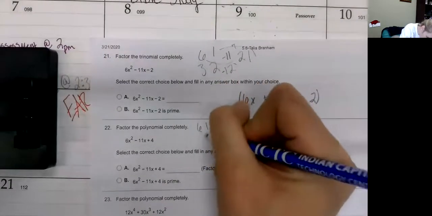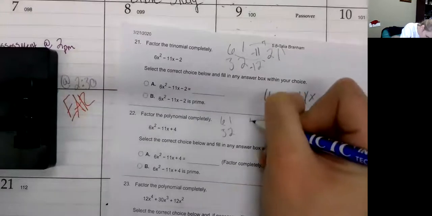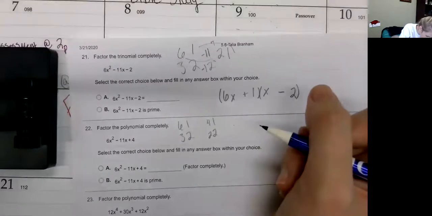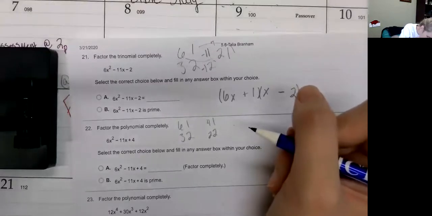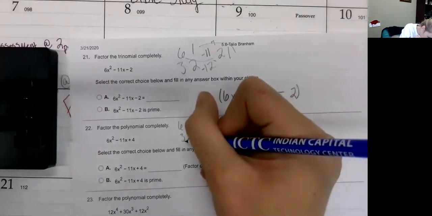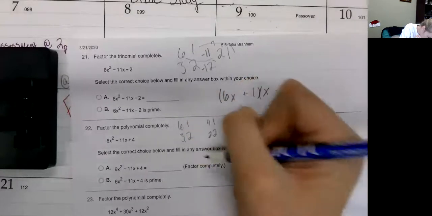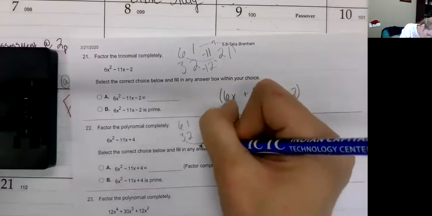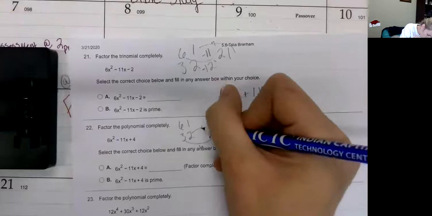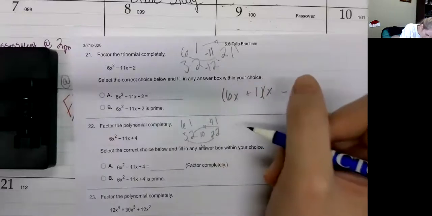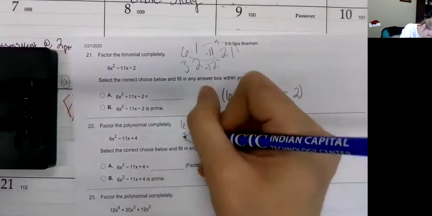So 6 and 1, 3 and 2, 4 and 1, and 2 and 2. And now I want to add to get 11. 3 times 2 is 6, 2 times 2 is 4, that would be 10. 6 times either of them is 12. 4 times 3 is 12.